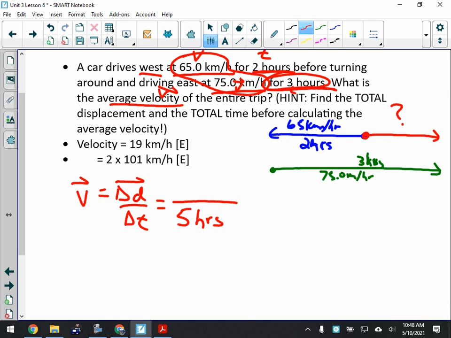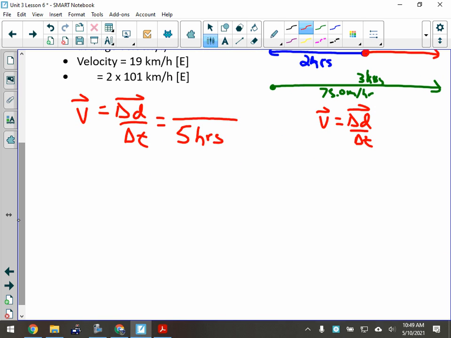That's the displacement, okay? Well, how am I going to find the displacement? Well, we know that the velocity is equal to the displacement over the time. And again, if I'm looking for displacement, I want to rearrange the formula: I take the velocity times delta t.